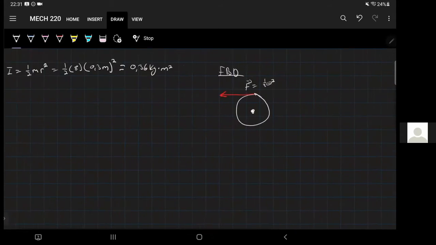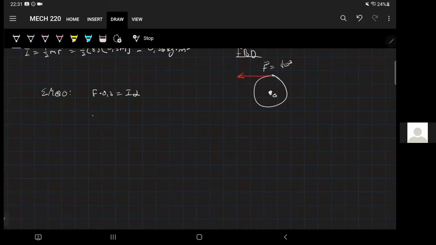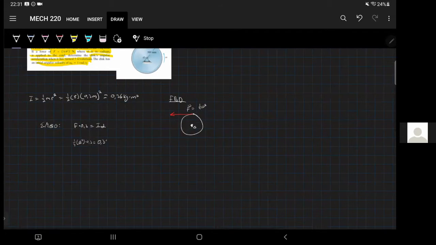And so you know that the sum of moments around O, and let's call this O here, is going to be force times 0.3 meters, equals I alpha. Therefore, this is 1/4 theta squared times 0.3 equals 0.36 alpha.